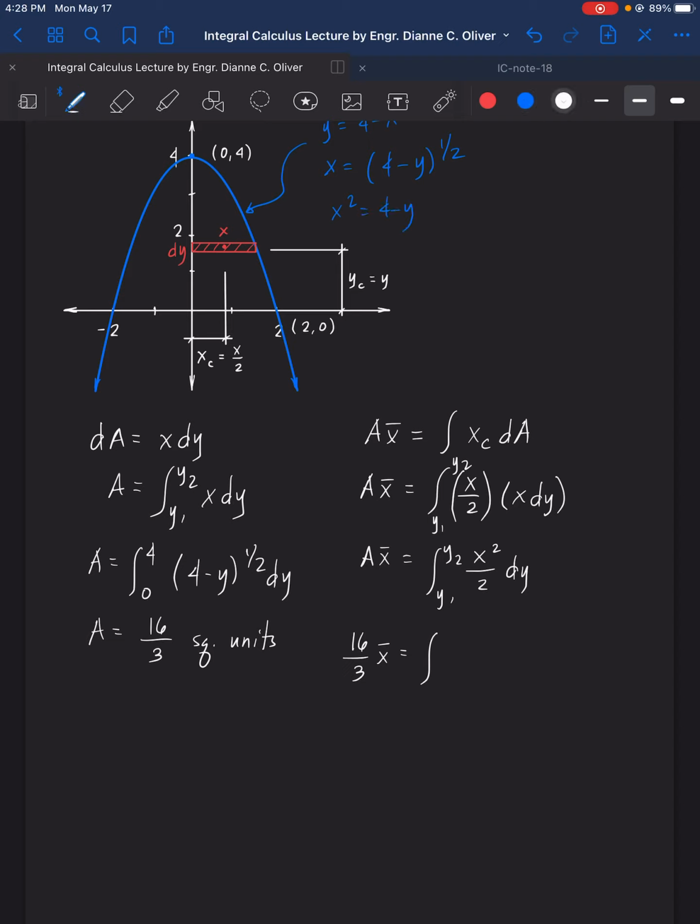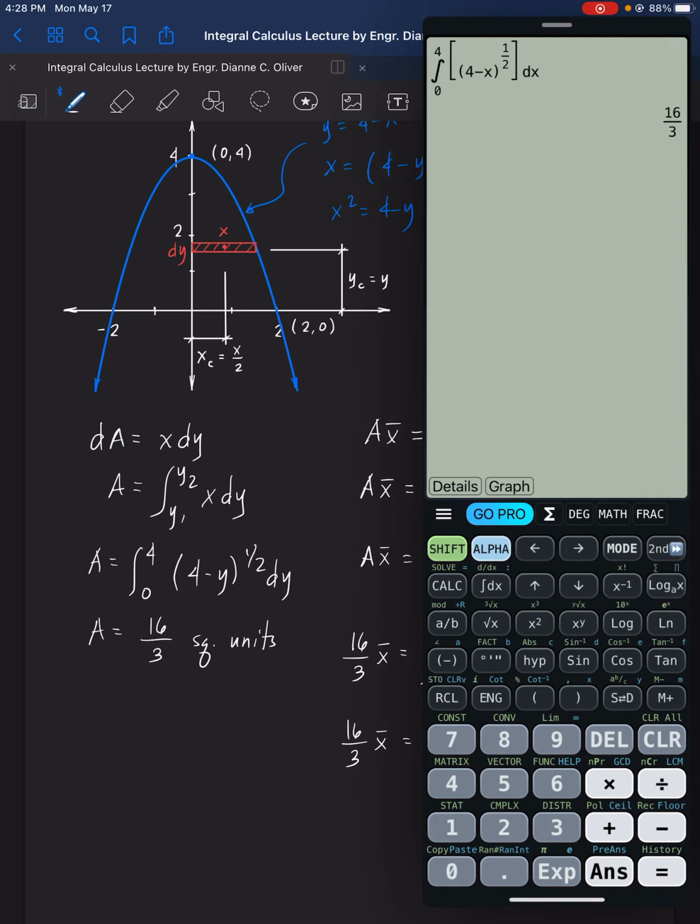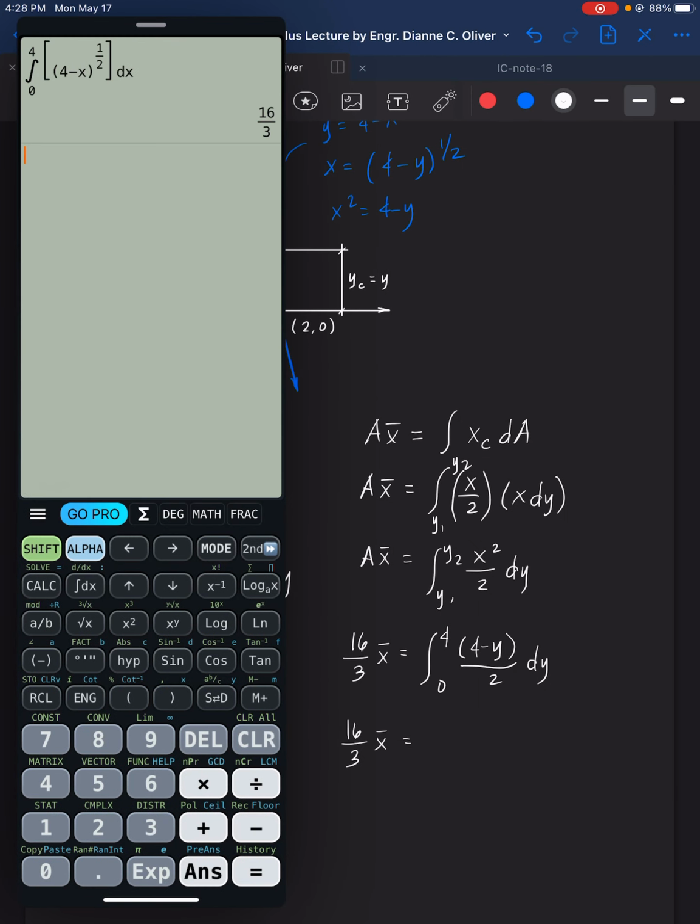So therefore, x squared here is 4 minus y, over 2 dy, y1 here is 0 to 4. 16/3 x bar is equal to integral of 4 minus y over 2, from 0 to 4.